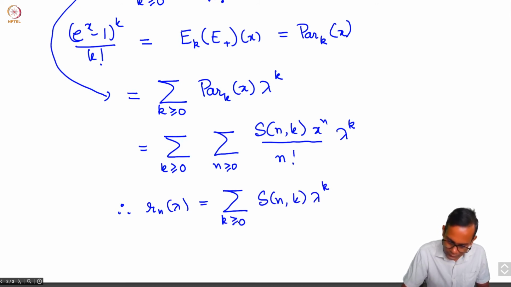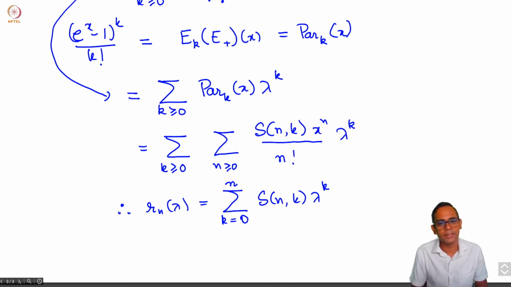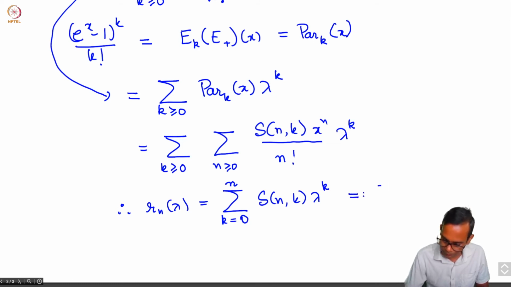Of course, k goes from 1 to n unless n is 0, but we can write k goes from 0 to n because a set partition of a set with size n cannot have more than n blocks. And this you can regard as a polynomial in the variable lambda, and this is called the Touchard polynomial T_n(lambda).